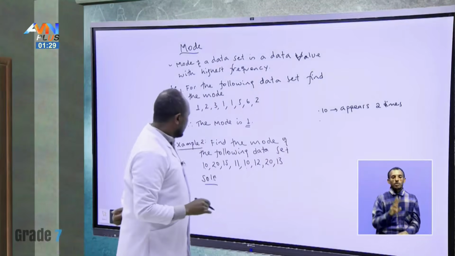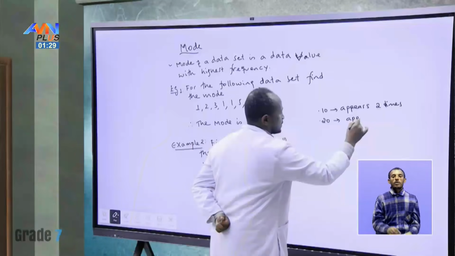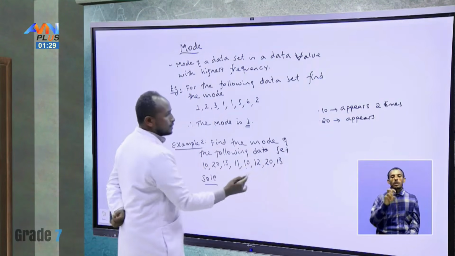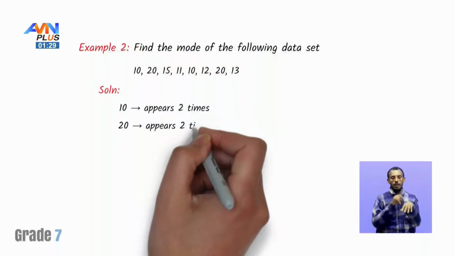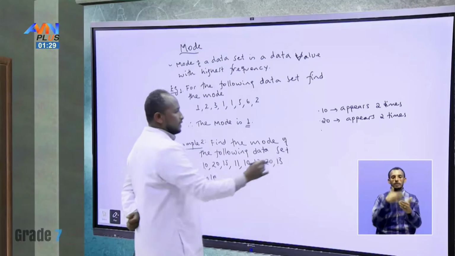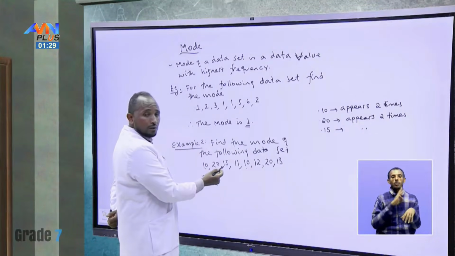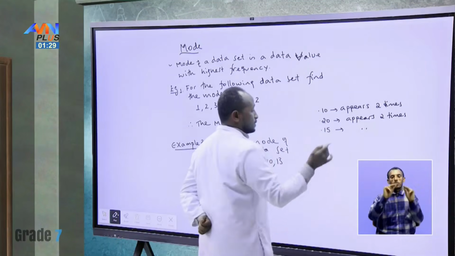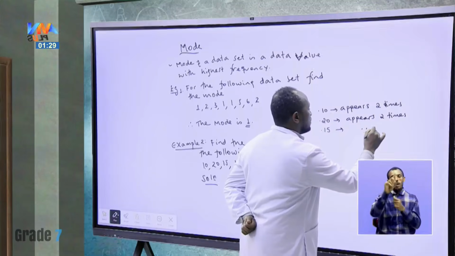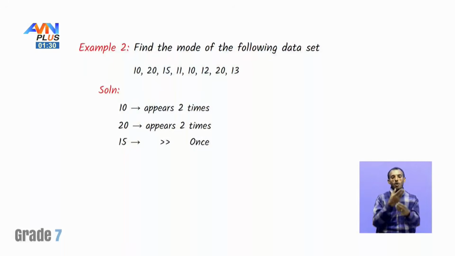Okay, now let's see 20. 20 appears how many times? Again we have 20 here. 20 also appears 2 times. Now the next number, 15. 15 appears how many times? We have only one 15; there is no other 15. So 15 appears once. 11 also appears once.